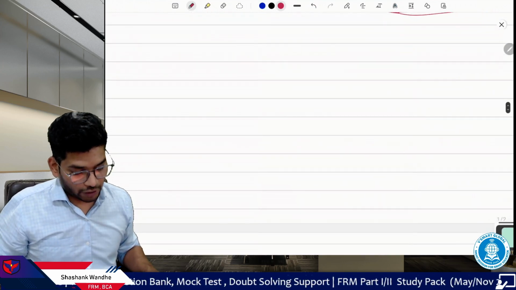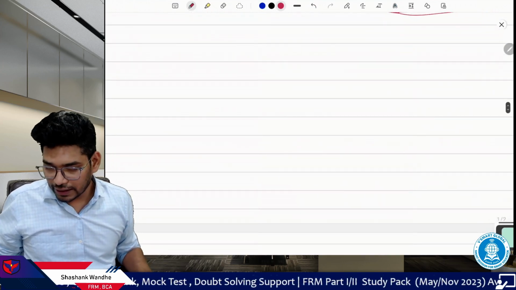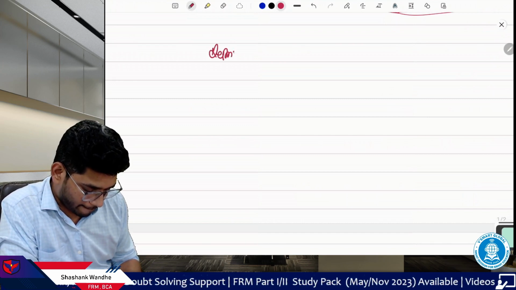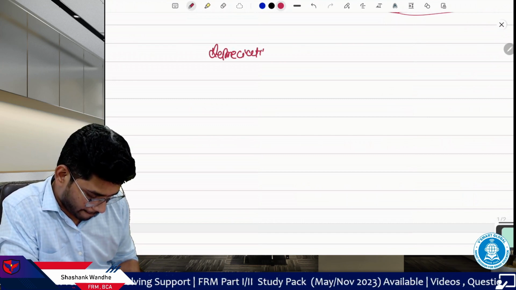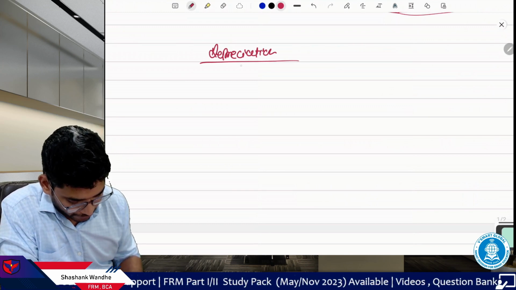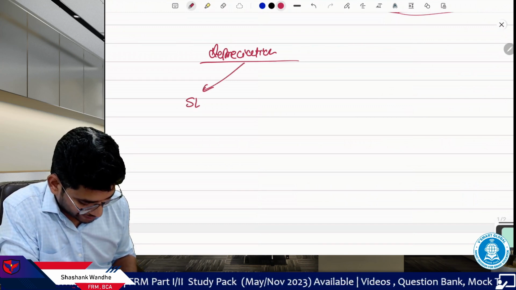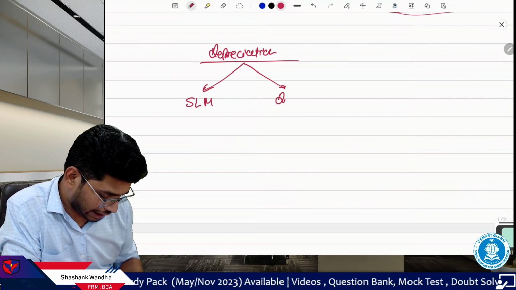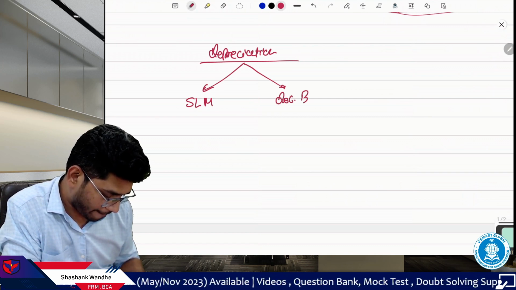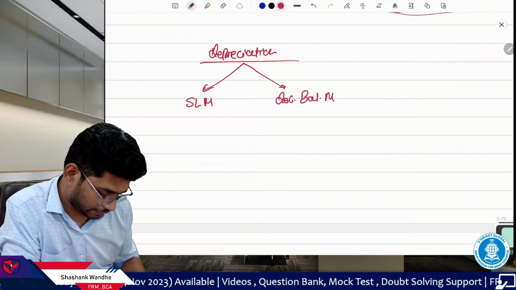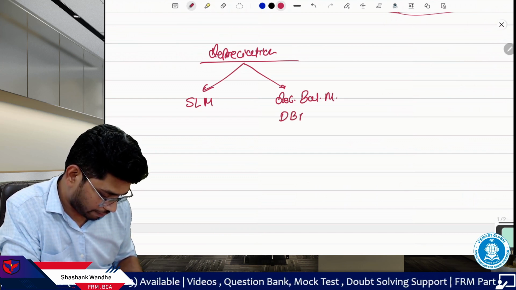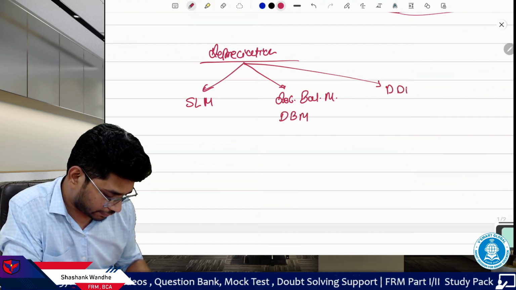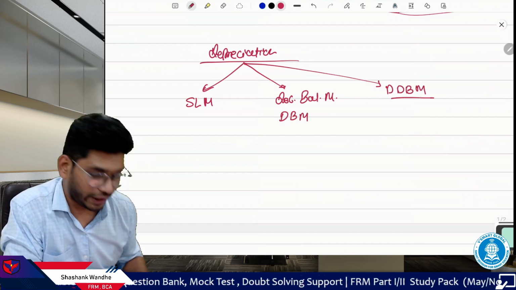Okay, now next we have methods of depreciation. The first method of depreciation is known as the straight line method. Second is the declining balance method, or DBM, and then there is the double declining balance.